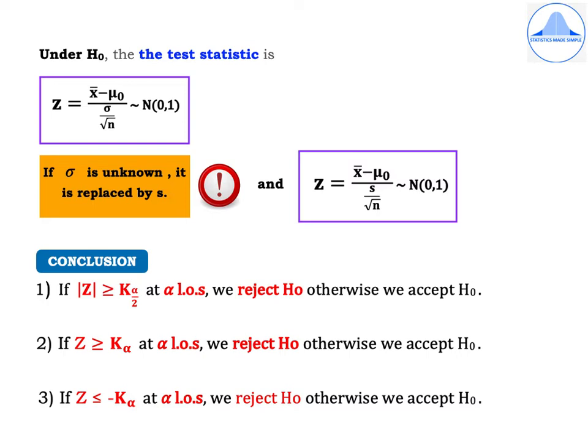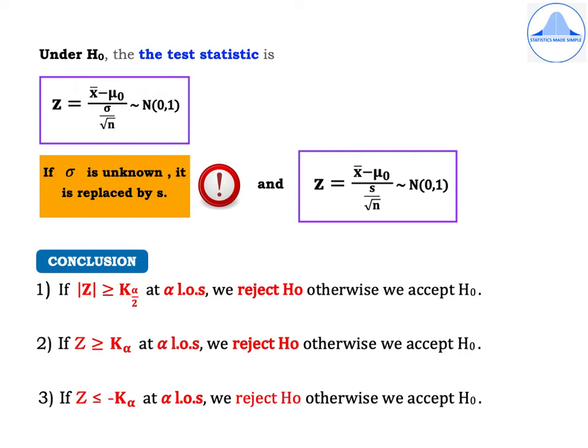Now the last step is to write the conclusion. Now there will be three types of conclusion. The conclusions will depend on whether the alternative is two-tailed, right-tailed or left-tailed. So the conclusions are numbered as 1, 2, 3, and the first conclusion is for the first alternative, that is mu is not equal to mu naught.